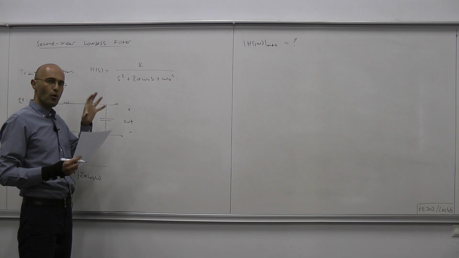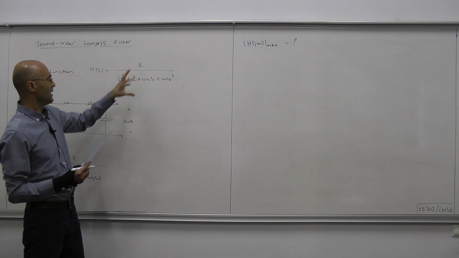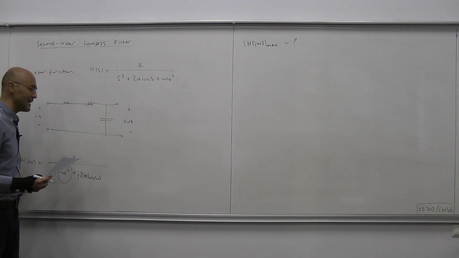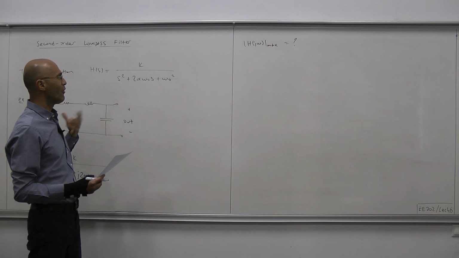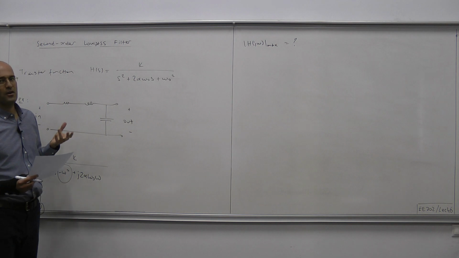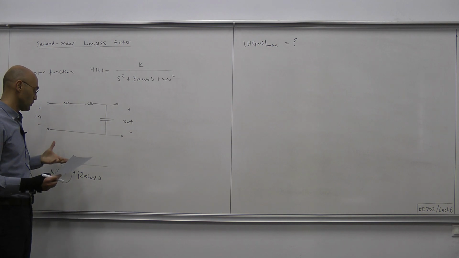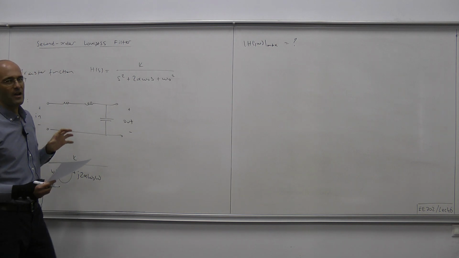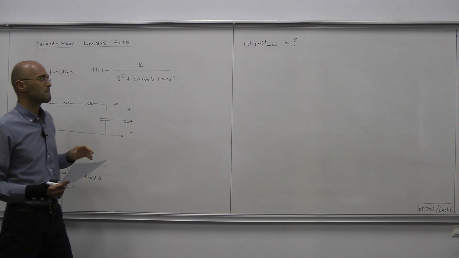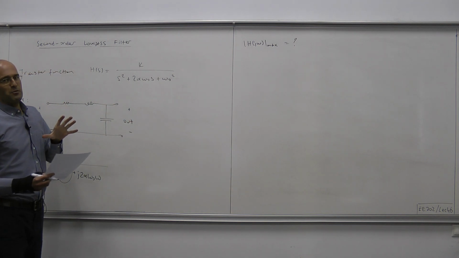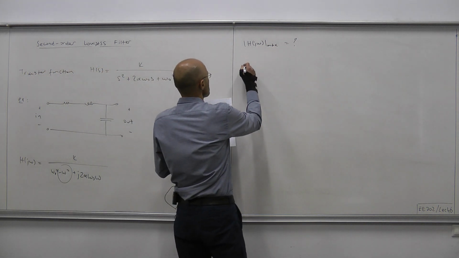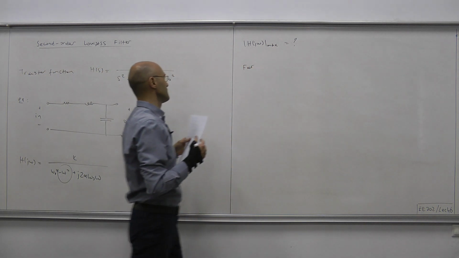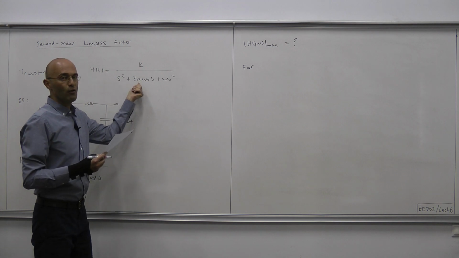We were able to obtain that by simply rewriting H(omega). It became obvious, but for the second order low pass case, it's not obvious what the maximum value is and when it's achieved. So it in fact depends on the value of alpha.